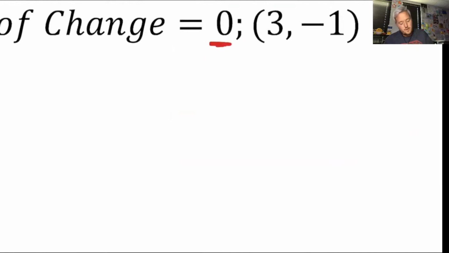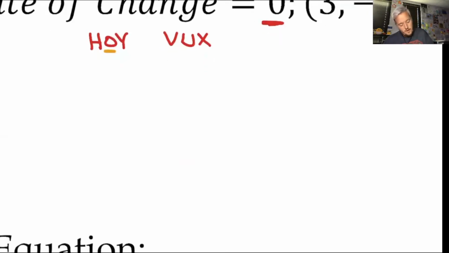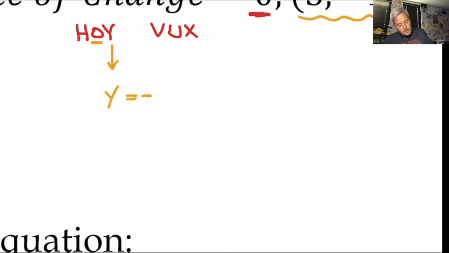So if you remember, if we have a slope of 0, that actually refers to Hoy, not Bucks, which means we're going to have a y equals equation. So I'm going to look at my coordinate over here, and I want to know the y value of that coordinate. So because my y value is -1, my equation simply is y equals -1.